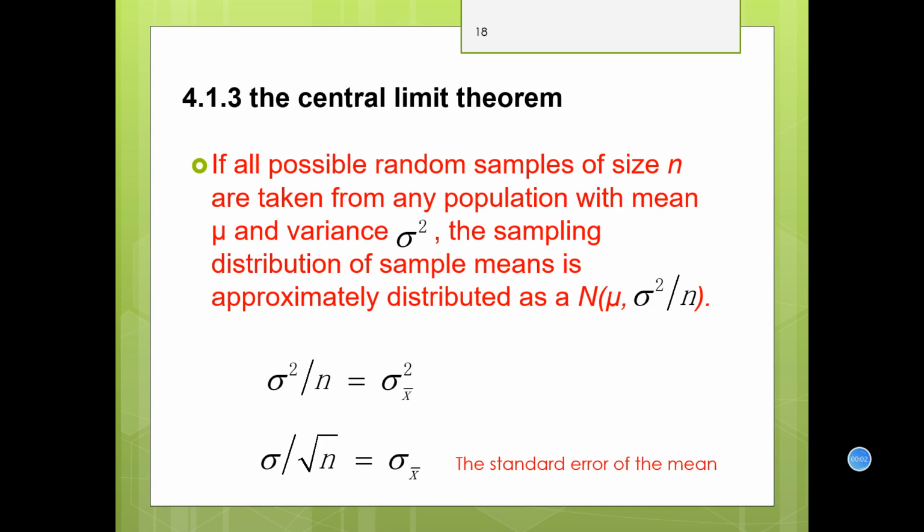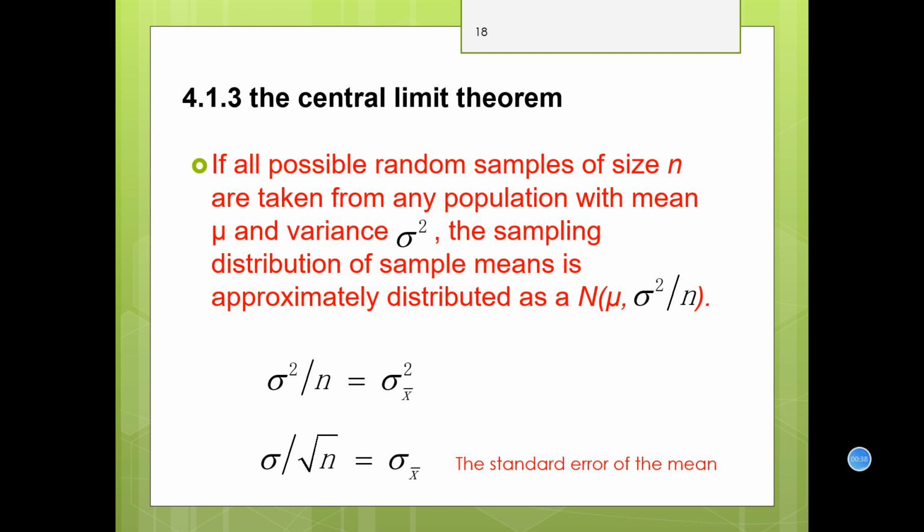Okay, let's continue. We have already talked about the central limit theorem, and we already know if we draw samples from a population with sample size of n, we can get x bar, and x bar follows a normal distribution with mu and sigma square over n.